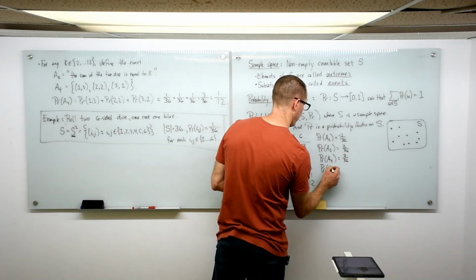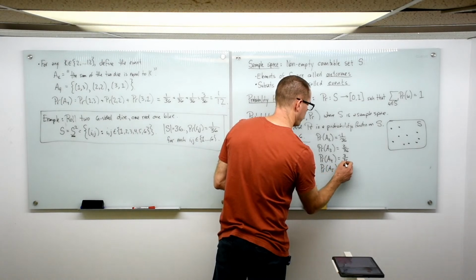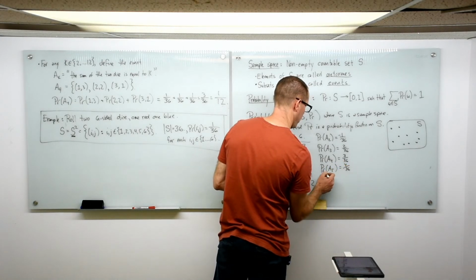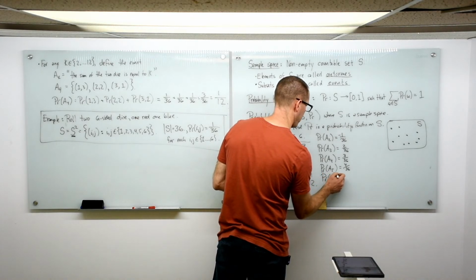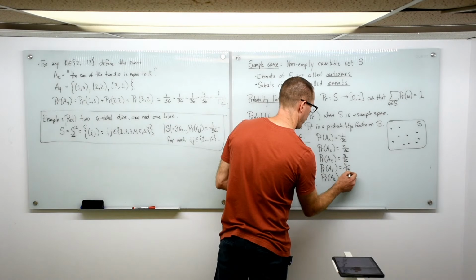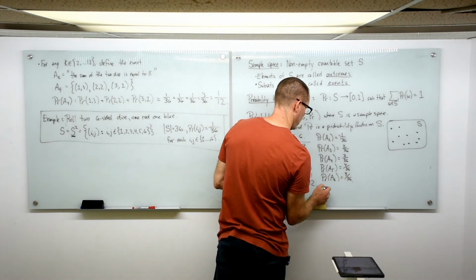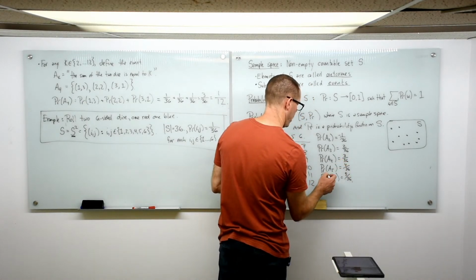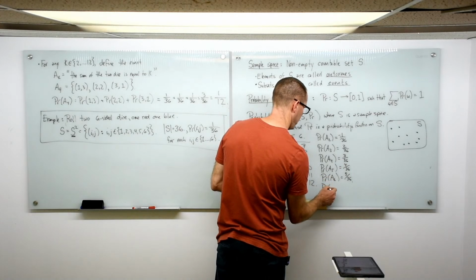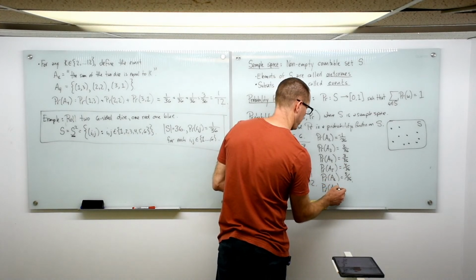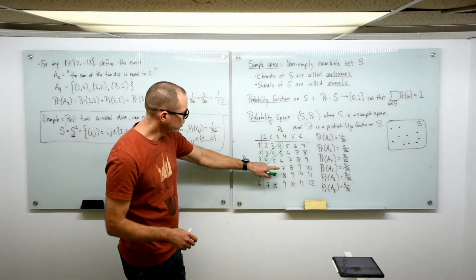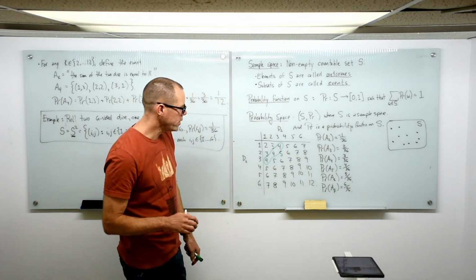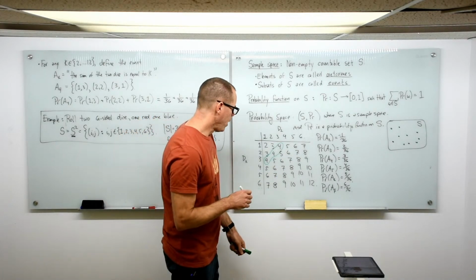Probability that I roll a 5 is 4 out of 36. Probability that I roll a 6 is 5 out of 36. Probability that I roll a 7 is 6 out of 36. There are 1, 2, 3, 4, 5, 6 of these that give me a 7.